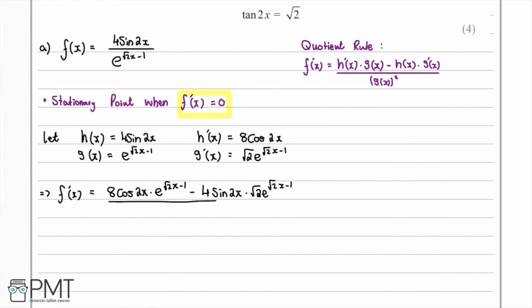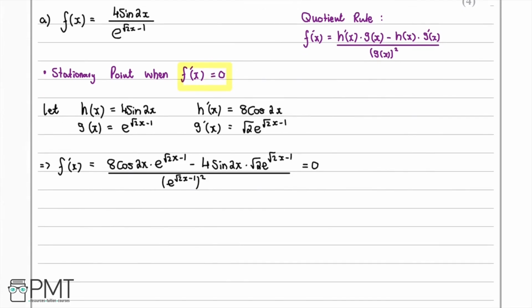And then we're going to divide all of this by g of x squared, so e^(root 2x minus 1), and we square it. Our next step here, we know that to find the stationary point, we'll set f dash x equal to 0. So let's do that just here.